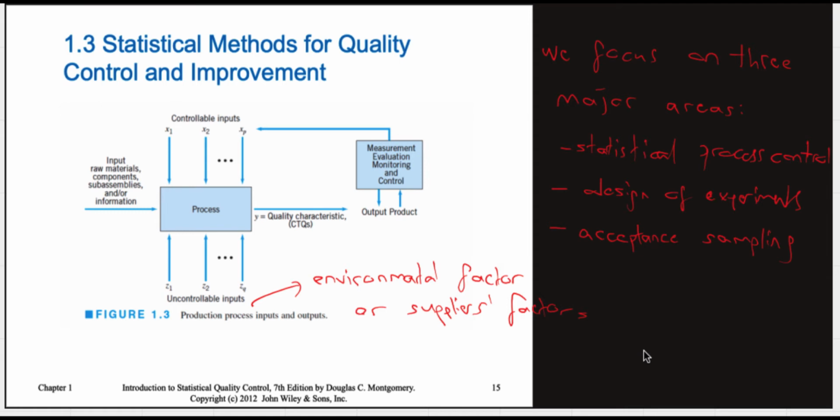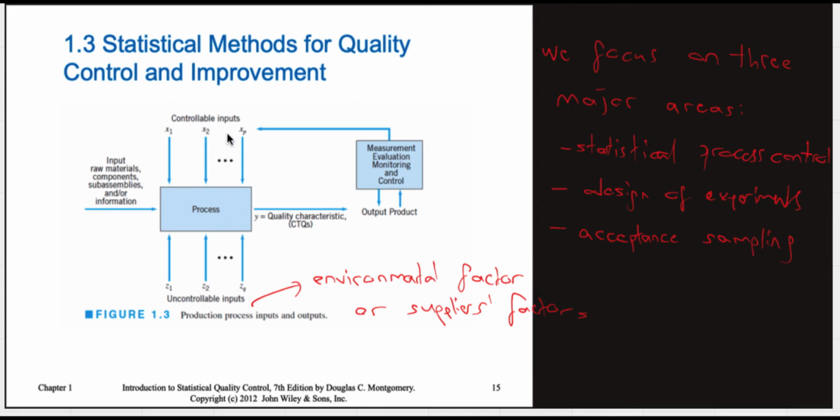Okay, a process is a system having different kinds of inputs, and let's see this example figure for defining a process. We have product type inputs like raw materials, components, sub-assemblies, semi-finished products. Also, we have other kinds of inputs, which can be called controllable inputs or uncontrollable inputs.